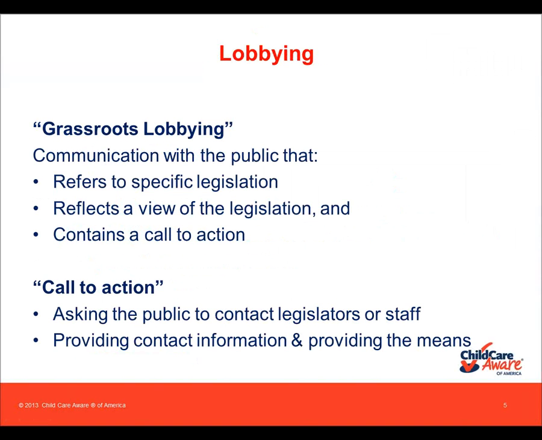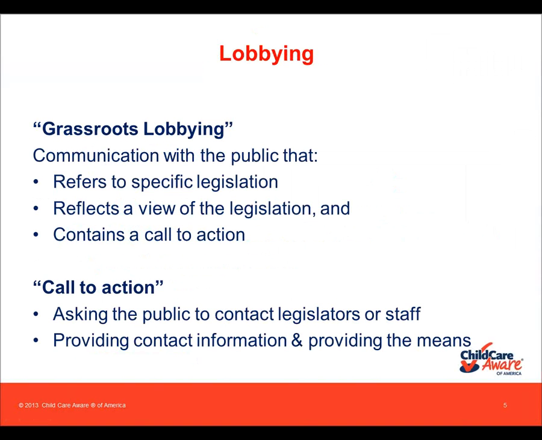Grassroots lobbying is communication with the public that does the following things. It refers to specific legislation, so it's an information vehicle to the grassroots, to citizens, that refers to specific legislation.